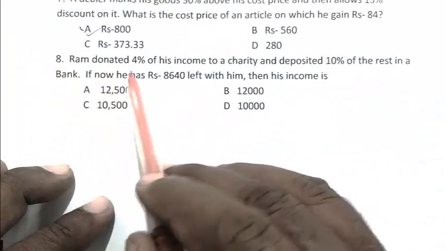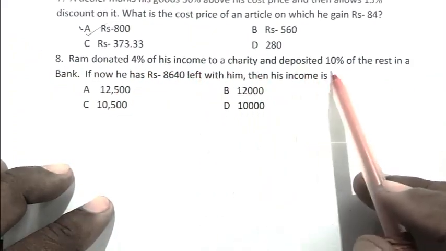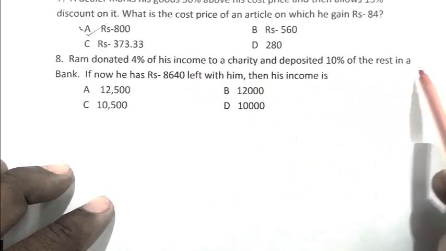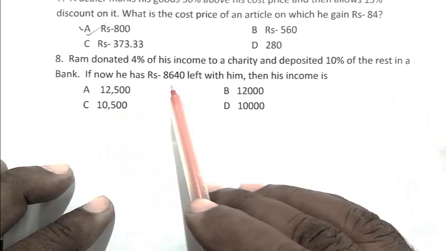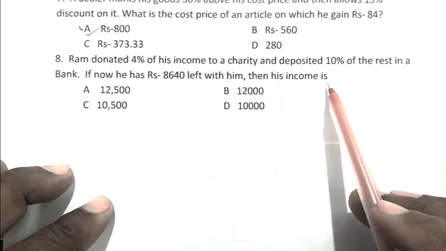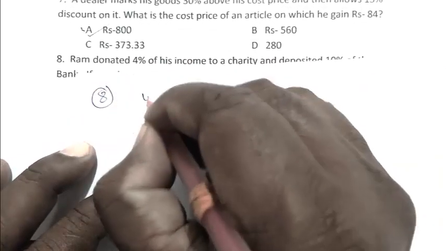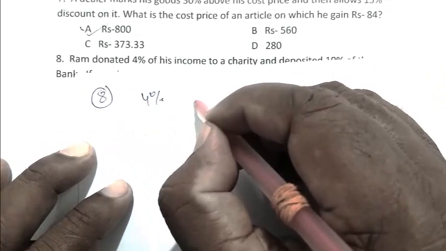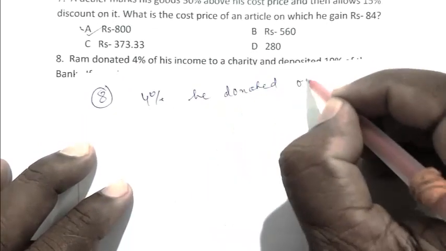Question number 8. Ram donated 4% of his income to a charity and deposited 10% of the rest in a bank. If now he has rupees 8,640 left with him, then his income is. So 4% he donated to charity.